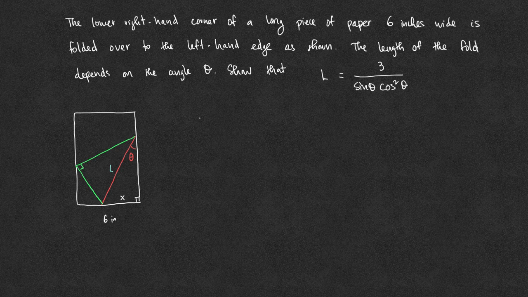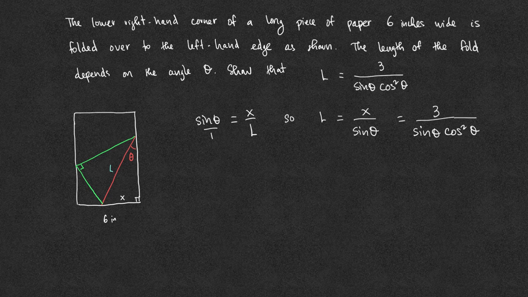Then we see the sine of theta equals x over L. So L, cross multiplying, equals x over sine of theta. But we want this L to be 3 over sine of theta times cosine squared of theta.